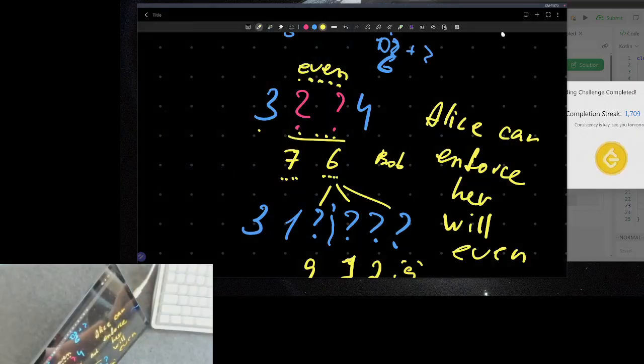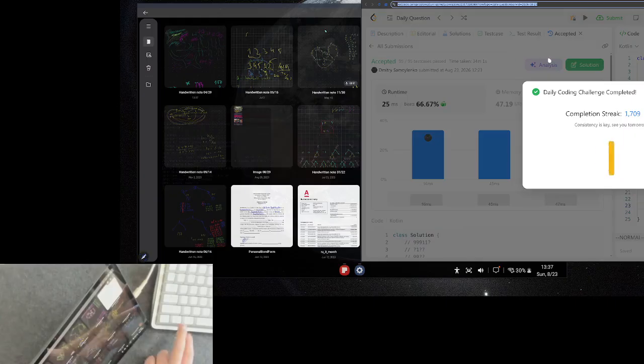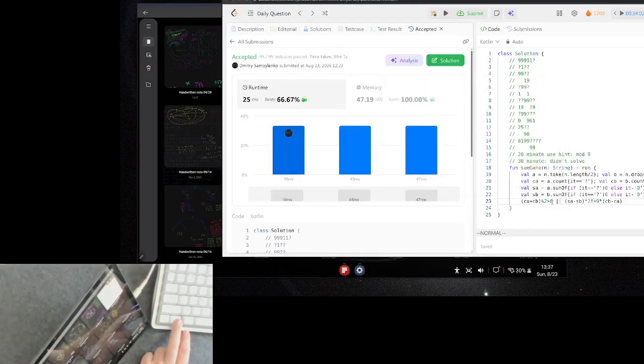Actually, let's look at the solution first, because I actually didn't feel myself very sure. So I was actually wrong. This is not even. This is odd.